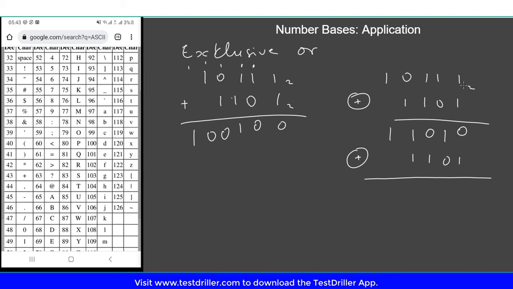So let's work it out. 0 plus 1, that will give you 1. 1 plus 0, that will give you 1. 0 plus 1, that will give you 1. 1 plus 1, that will give you 2. So how many 2s can you find? That's 1, then remember the remainder, 0. You won't carry any 1. So in this case, you have 1 left, and that's this. If you check closely, you see that you go back to this.